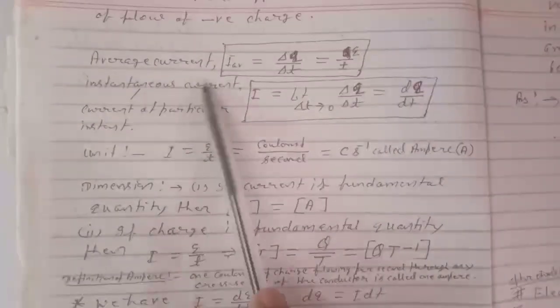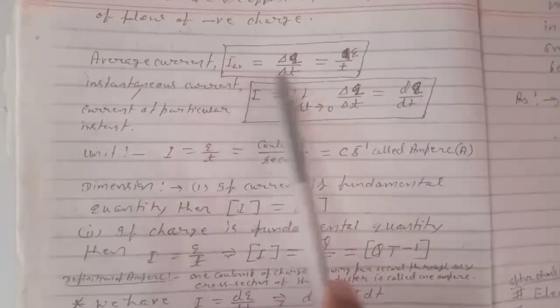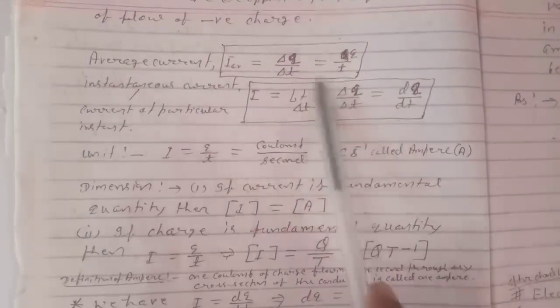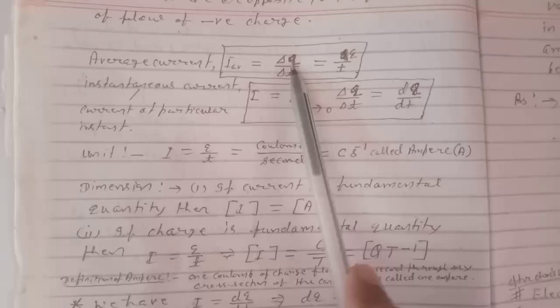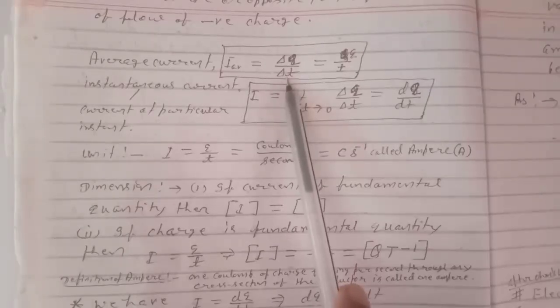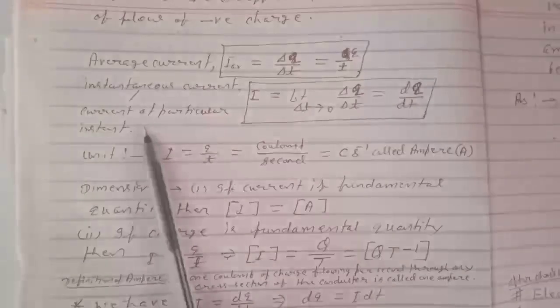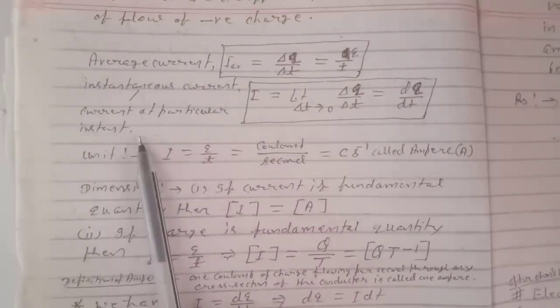Now, average current. Average current is defined as I average equals delta Q by delta T, or Q by T, where delta Q is the charge flown in time interval delta T. And instantaneous current is the current at a particular instant.